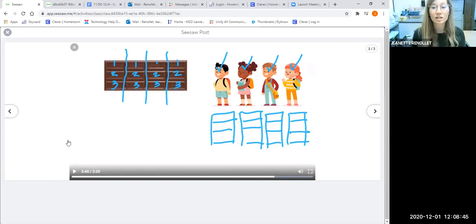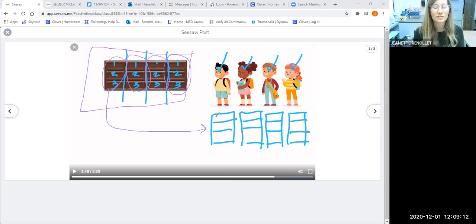Or if we look at the candy bar, we can see that it's pretty easy to partition this into 4 equal groups. We have a group here, a group here, a 3rd group here, and a 4th group here. Mrs. Thaxton just showed us that each of these kids gets 3 pieces.